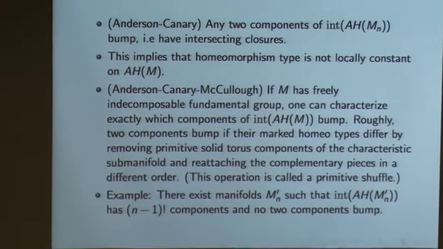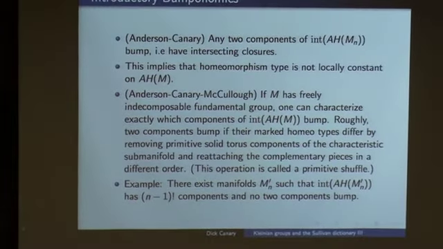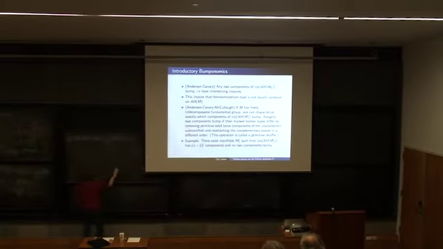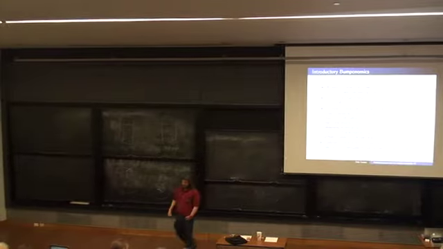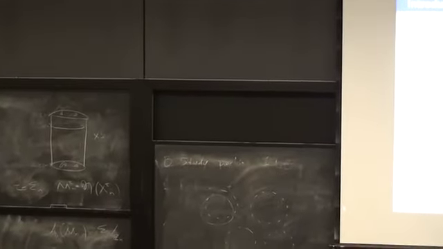Maybe I should draw them dotted. Here's the interior of AH of M_n. There are (n-1)! of these components. Now why do you not think they bump? And why might you spend two years of your life trying to prove they don't bump?